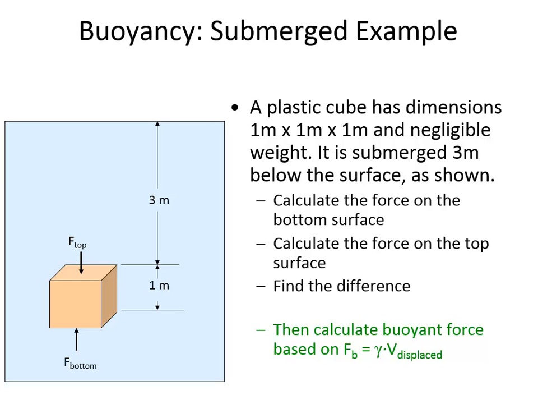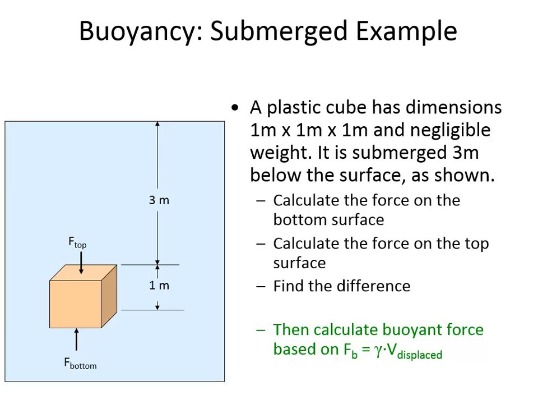That box itself has a volume of 1 cubic meter. And so 9810 newtons is the buoyant force. So that's just a little proof that illustrates that buoyant force is equal to the difference between the force on the bottom of the object and the force on the top of the object.